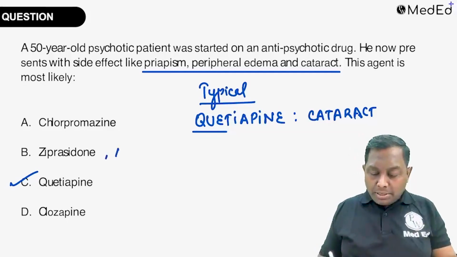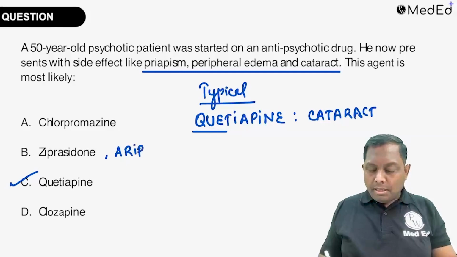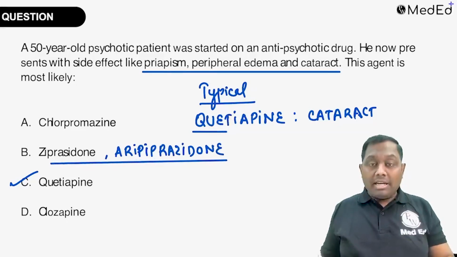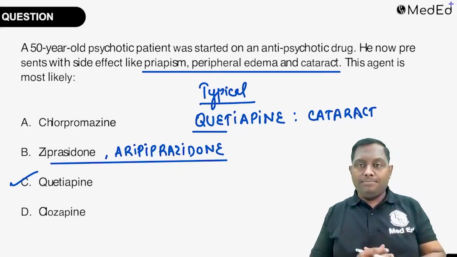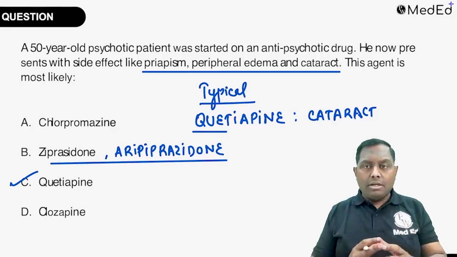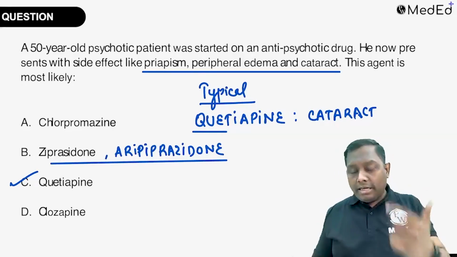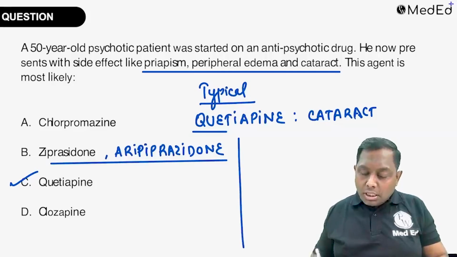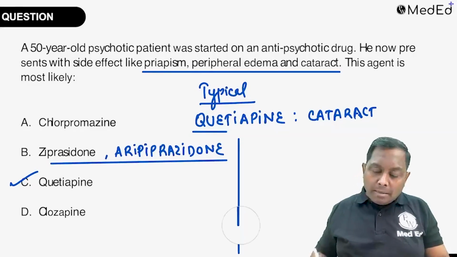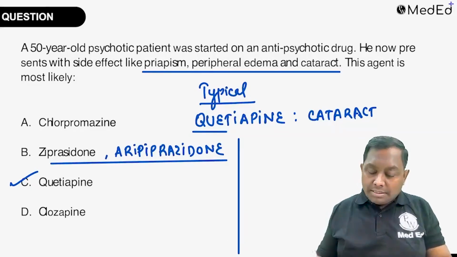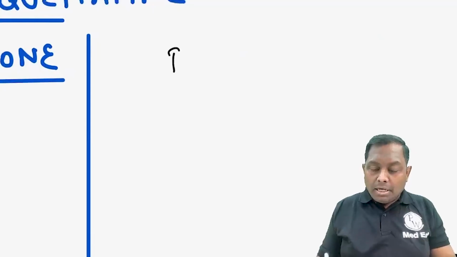Ziprasidone, aripiprazole, ziprasidone, they are a little away from their actual characteristic. What do you mean by actual characteristic? The actual character of these antipsychotics is that they are supposed to cause weight gain and metabolic syndrome.